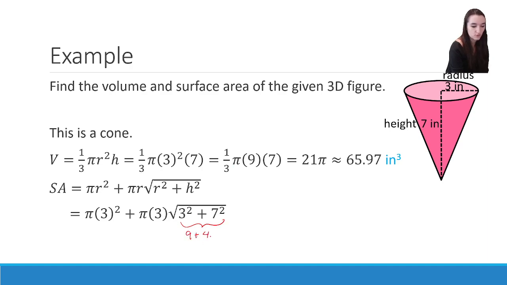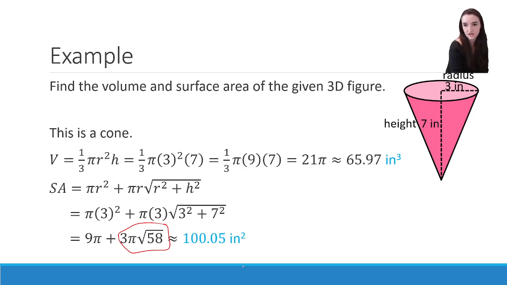9 plus 49 is the square root of 58. So this square root of 58 is not the same thing as 3 plus 7. Trust me, you can plug it in your calculator to check, but I promise you it's not the same thing as just adding 3 plus 7.